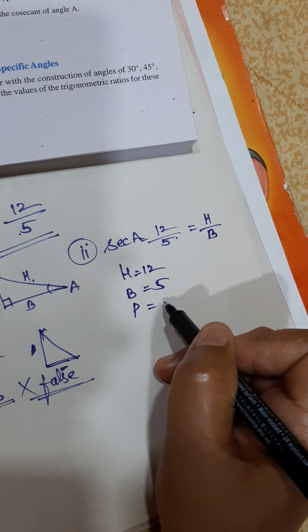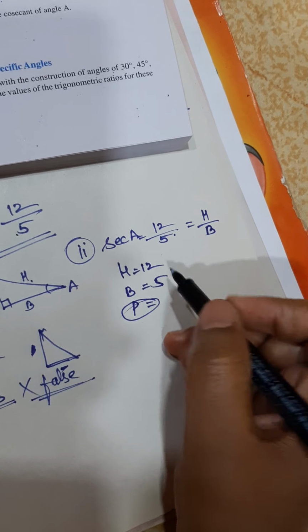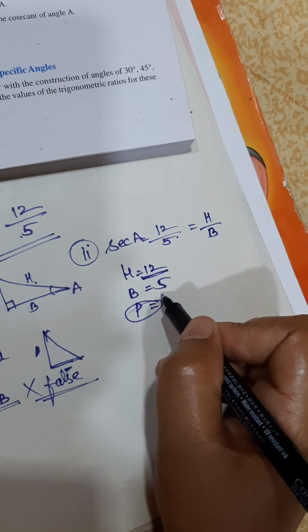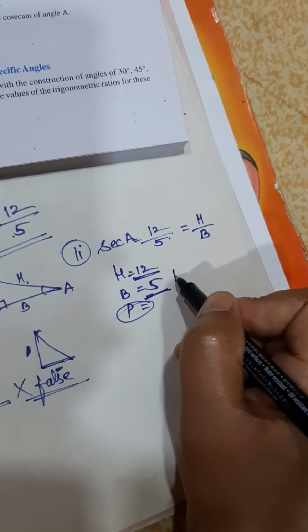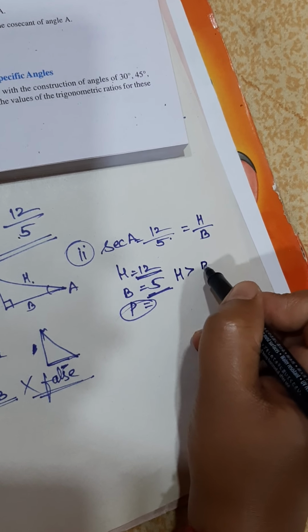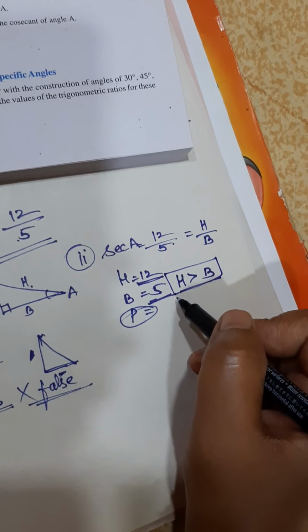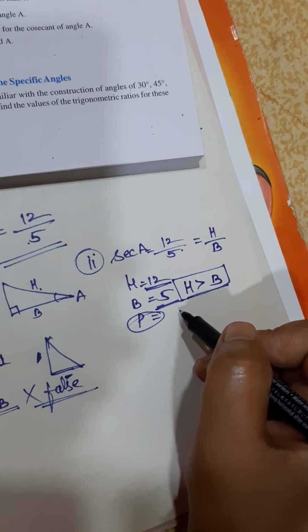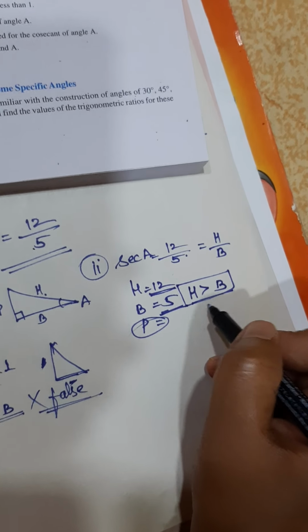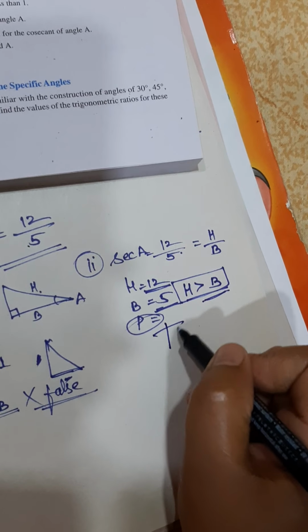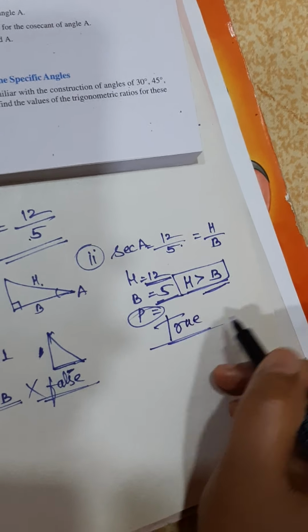Before working out P, it is hypotenuse and it is base. Obviously hypotenuse is greater than base. In almost all the questions, hypotenuse is always more than base. So it is true.